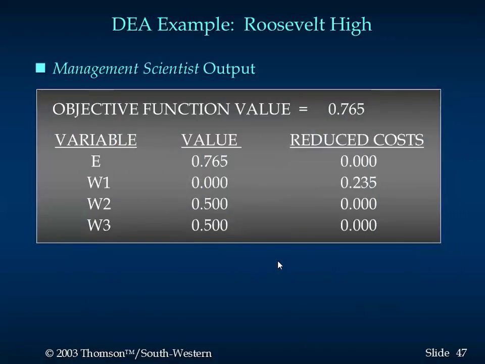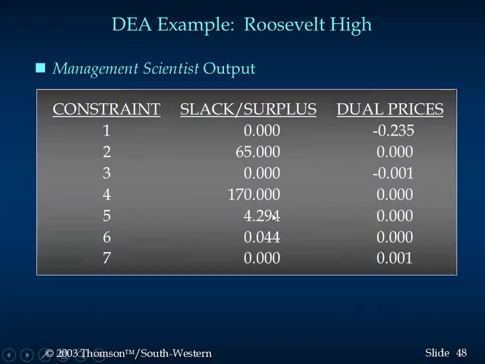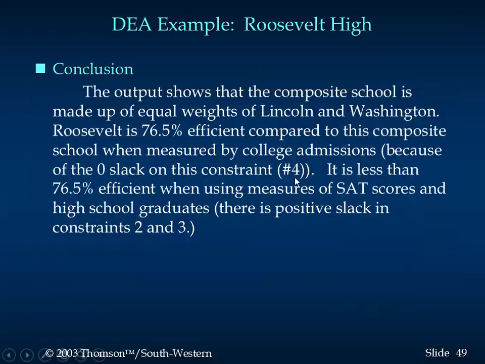So actually, this is the level of efficiency for constraint 3, not constraint 4. I made a mistake.